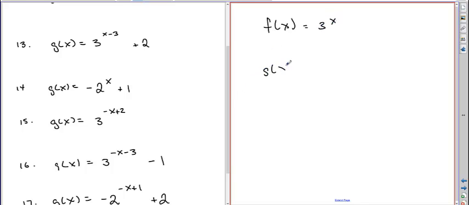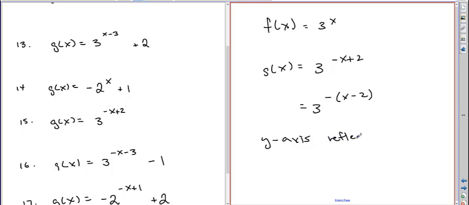And our transform function, what we do here is we factor out the negative sign, just like we've done previously. So negative x plus 2 is the same as negative the quantity x minus 2. So we've got two transformations. We've got a y-axis reflection, and we've got an x shift of plus 2, because we look at it after you've factored out the negative sign.